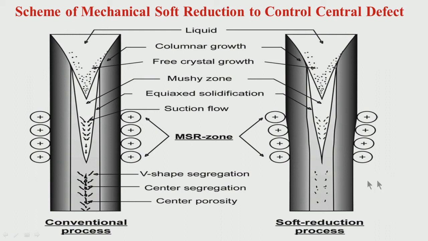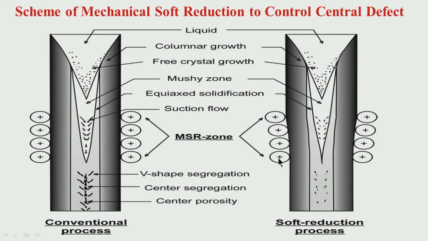And if you put mechanical soft reduction after solidification has taken place, is completed, again it will be of no use, rather it might create some crack in the solid shell. So what is important is to identify the optimum zone where you have to put mechanical soft reduction. What is this zone?